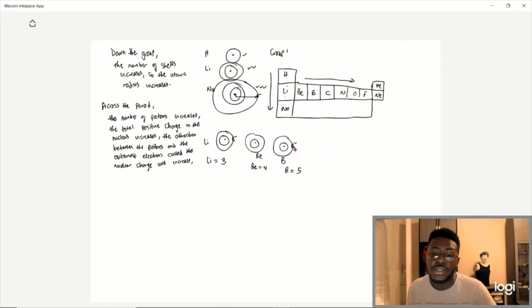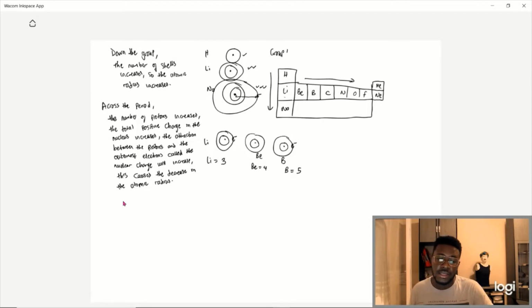And this will cause the decrease in the atomic radius. Okay, we're going to talk more about this in step 3.